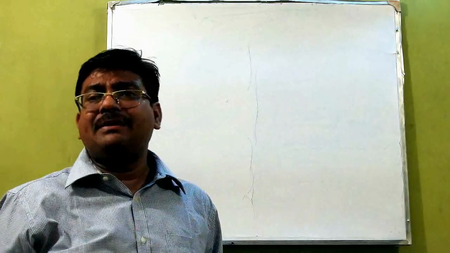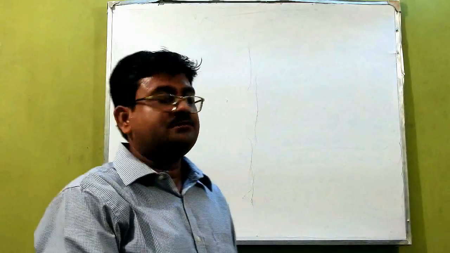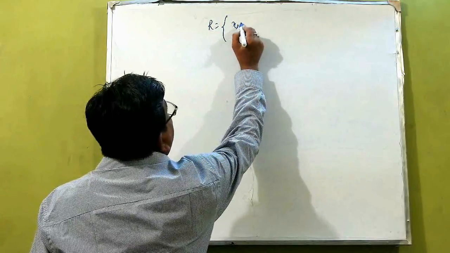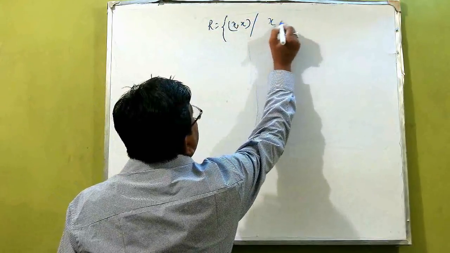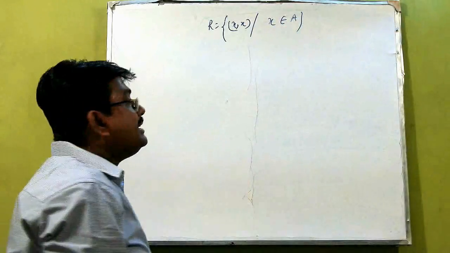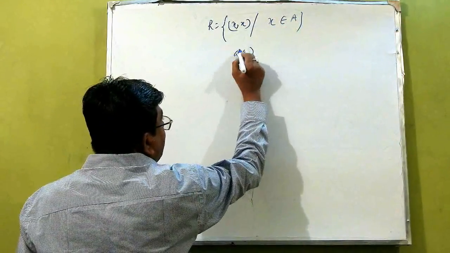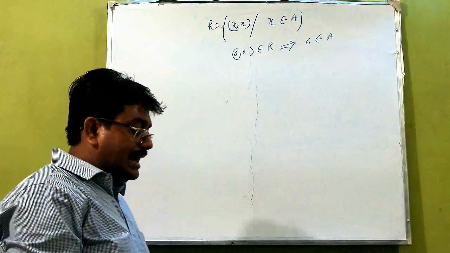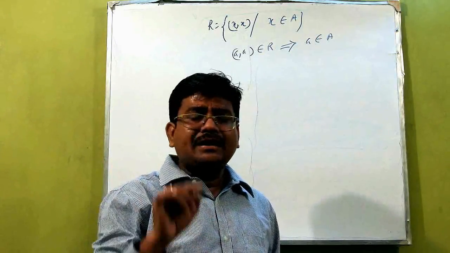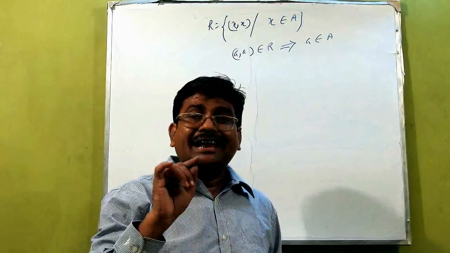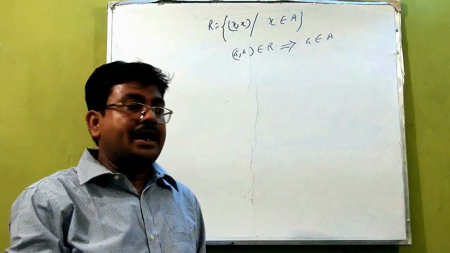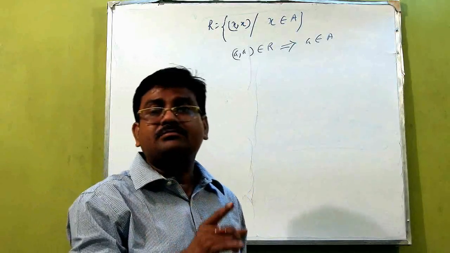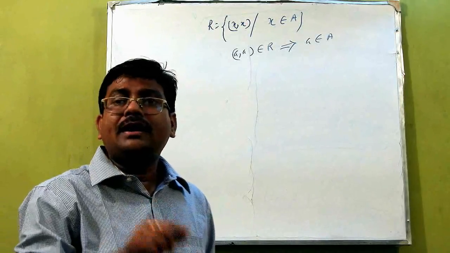If (a, a) belongs to R for every a belonging to A, that is, if small a is an element of the set capital A, then (a, a) belongs to R. If small b is an element of the set capital A, then (b, b) is an element of R. Then it is called a reflexive relation.